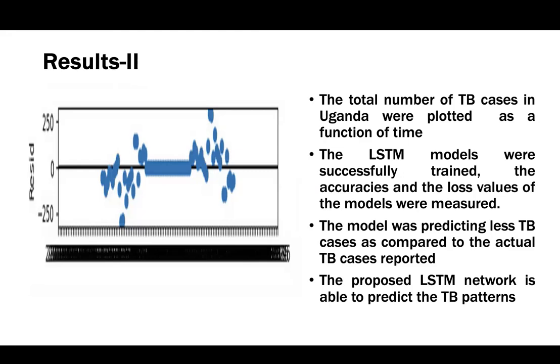The model was predicting fewer TB cases as compared to the actual TB cases that were reported. The proposed LSTM network has the capability to predict TB cases. However, from what we had yesterday, as you saw our graph, it's not really accurate, because what it is predicting is very different from what is actually coming out.